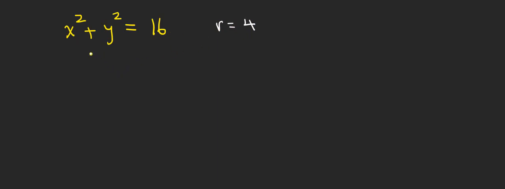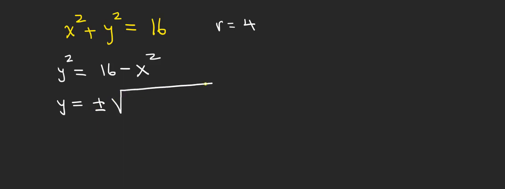Now, how would you graph this using a graphing calculator? You have to solve for y. In order to do so, we have to subtract x squared from both sides. You get y squared equals 16 minus x squared. And then to solve for y, you got to take the square root of positive, negative, square root of 16 minus x squared.